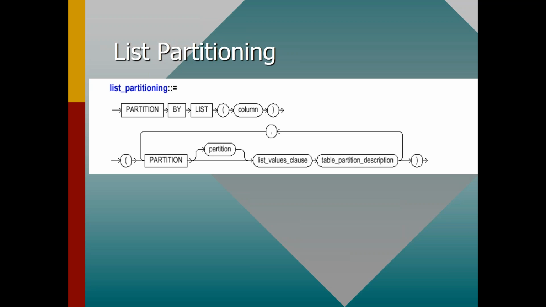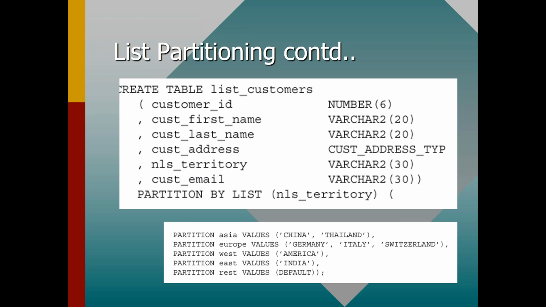Then we have list partitioning, which deals with a bunch of strings. We specify the column type, in this case usually a varchar or varchar2, and it looks like this.